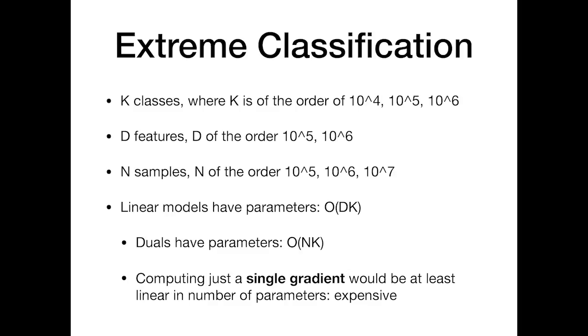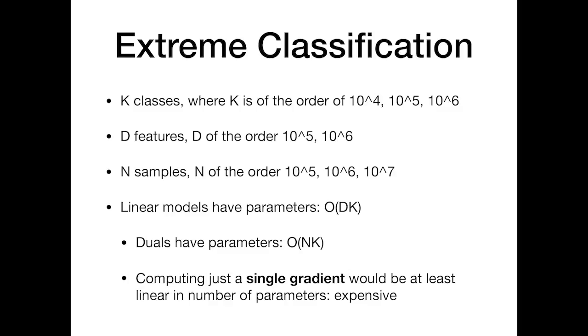Now, with these three key parameters, capital K classes, capital D features, capital N samples, even if I use linear models, the number of parameters scales as order D times K, which is very large. If I have a multi-layer perceptron, you can essentially think of it as multiple linear models whose parameters you have to instantiate.